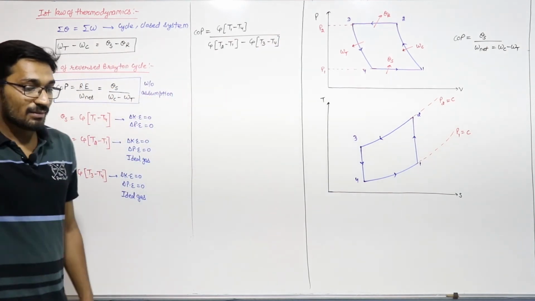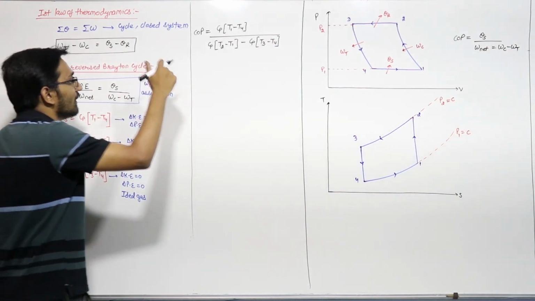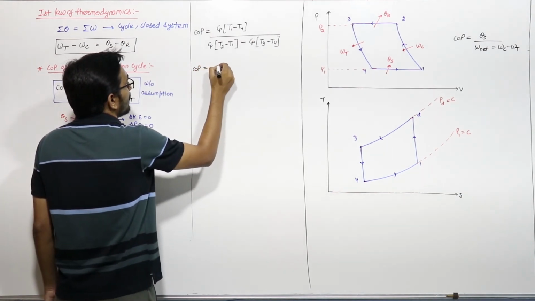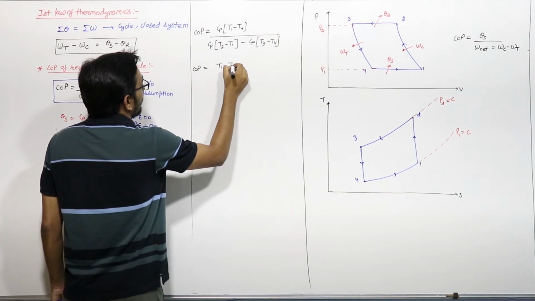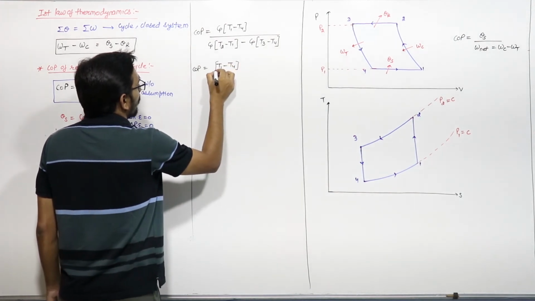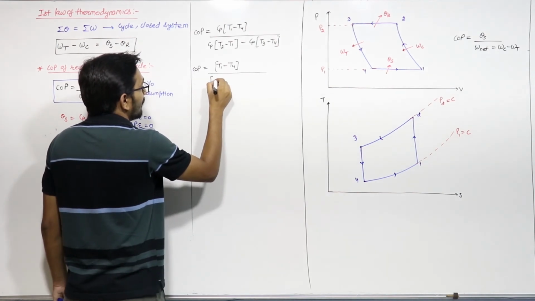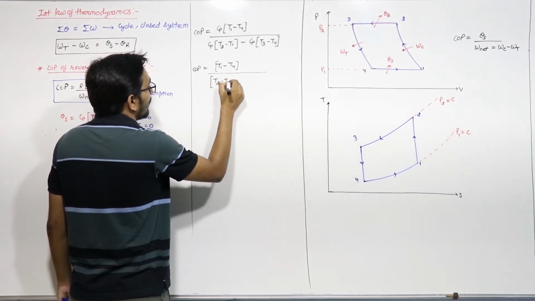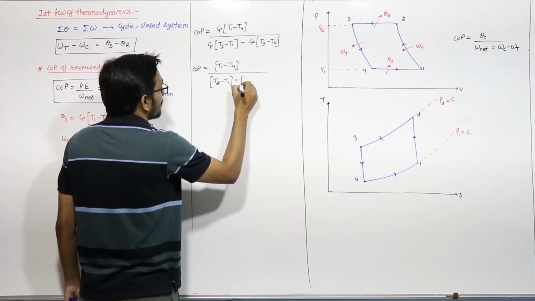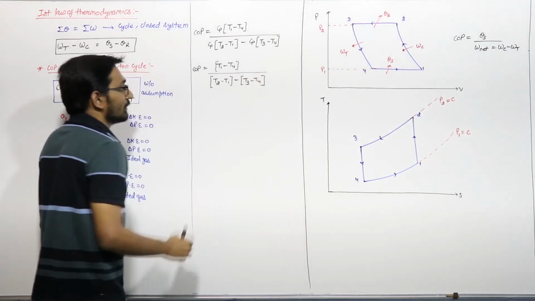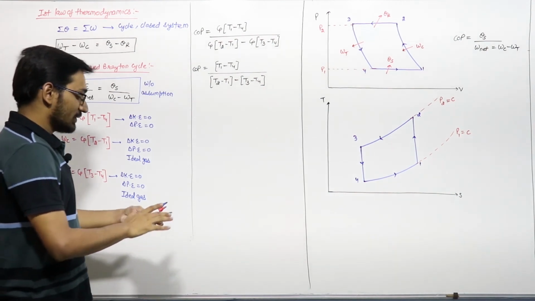If I cancel this Cp, then the coefficient of performance will be equal to T1 minus T4 divided by T2 minus T1 minus T3 minus T4.